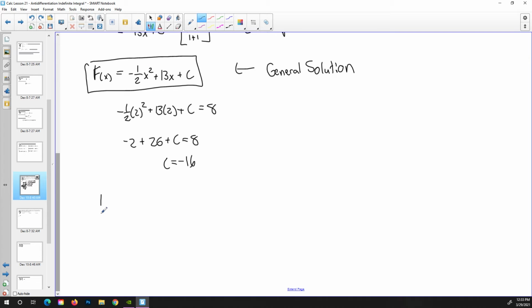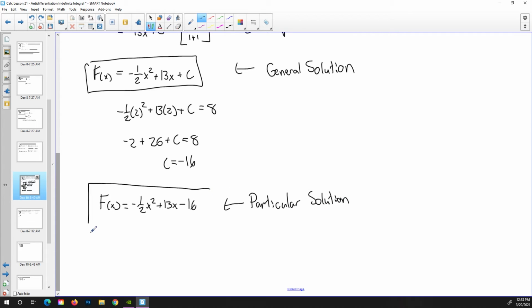And so if I go capital F of x is equal to, I have my negative 1/2 x squared plus the 13x, and then minus the 16. That is the value for c in this particular case. And so this is my particular solution. And we'll put a box around that, and we'll move on.